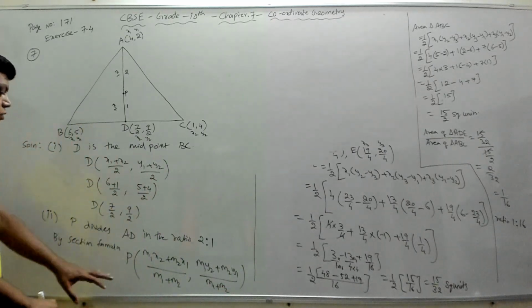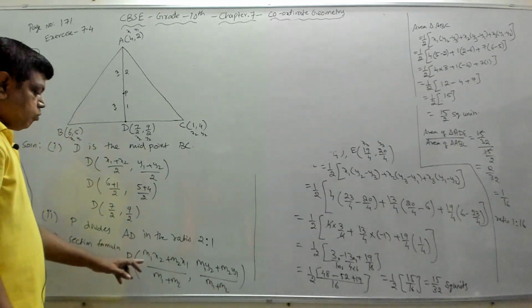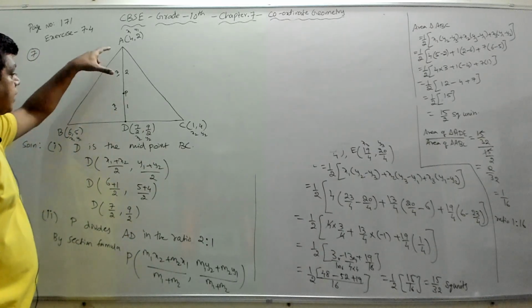This is the section formula where m1 and m2 are the ratio in which P divides the line segment AD.